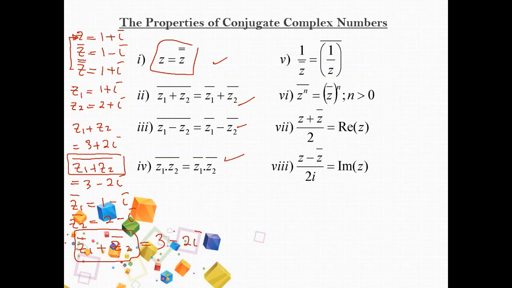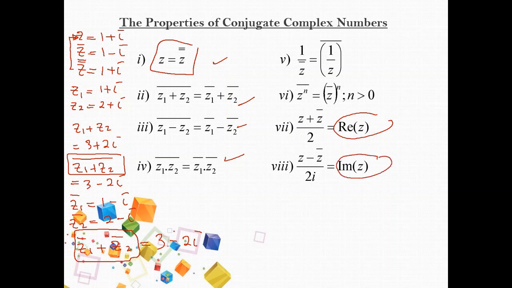Right, so if you perform the addition of z with its conjugate, divided by 2, it will give you the real part. While if you perform the subtraction of z with its conjugate, divided by 2i, that will give you the imaginary part.